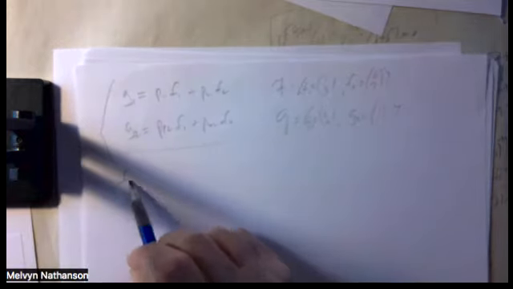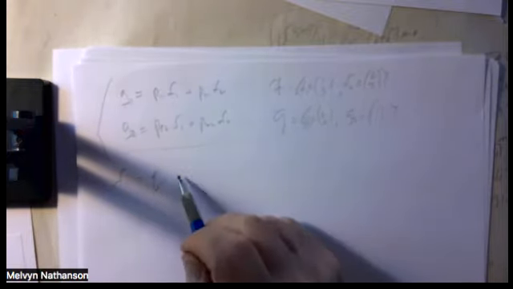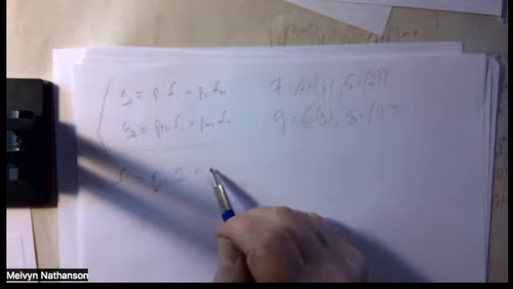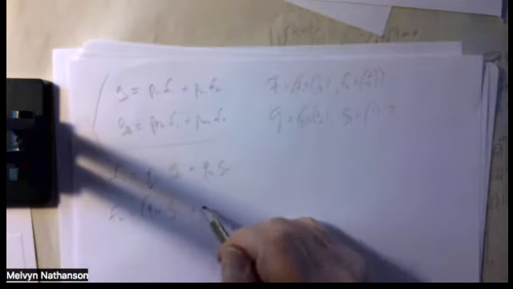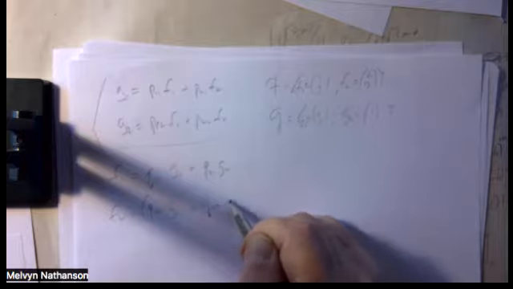The matrix Q comes from writing each F as a linear combination of the vectors in G. So F1 is going to be Q11 times G1 plus Q21 G2. F2 will be Q12 G1 plus Q22 G2.